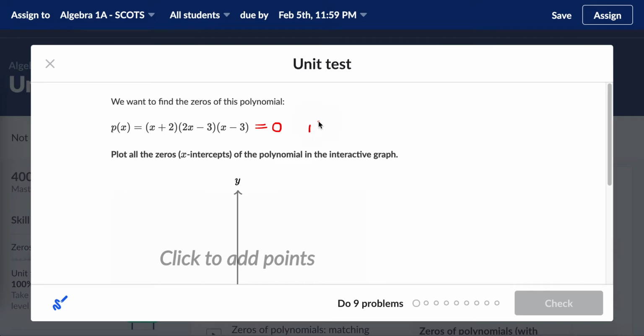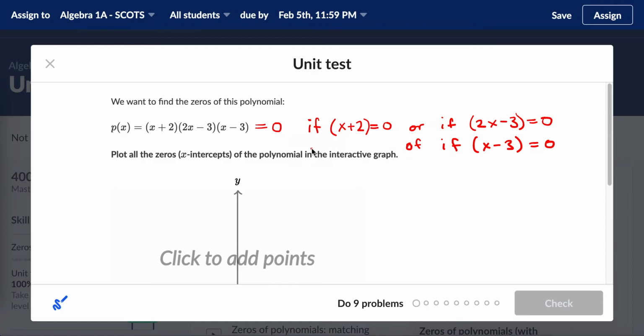So if x plus 2 equals 0, or if 2x minus 3 equals 0, or if x minus 3 equals 0.